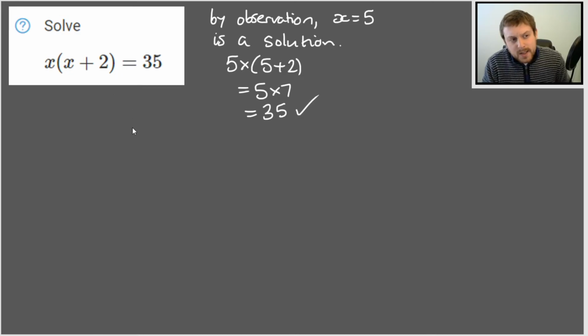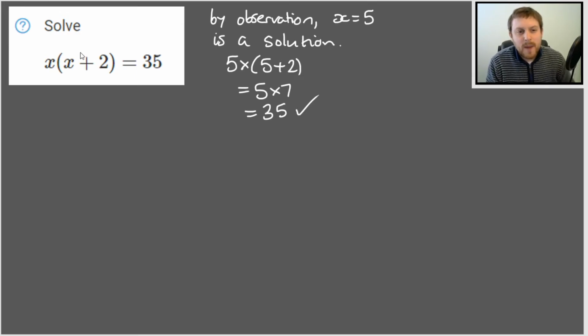Can we easily see another solution? Because it's a quadratic, so it could very easily have 2 solutions. Can we spot what the other solution is? No, perhaps not easily. I actually think it's going to be minus 7.